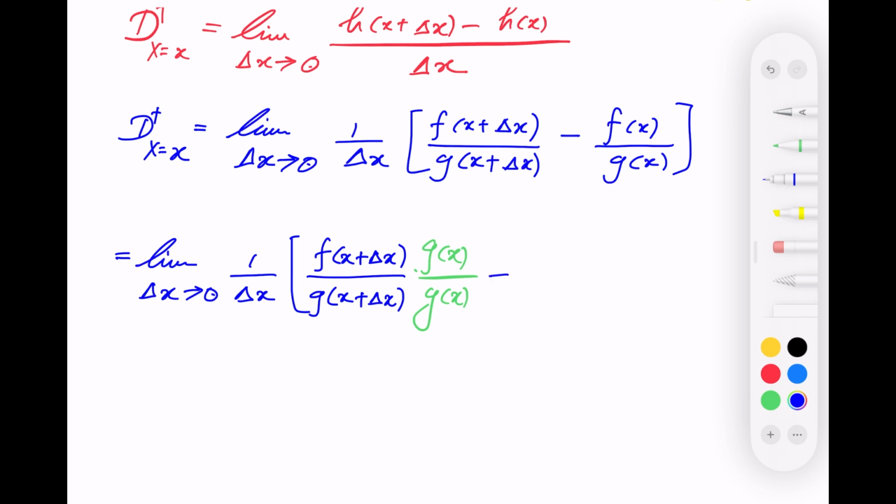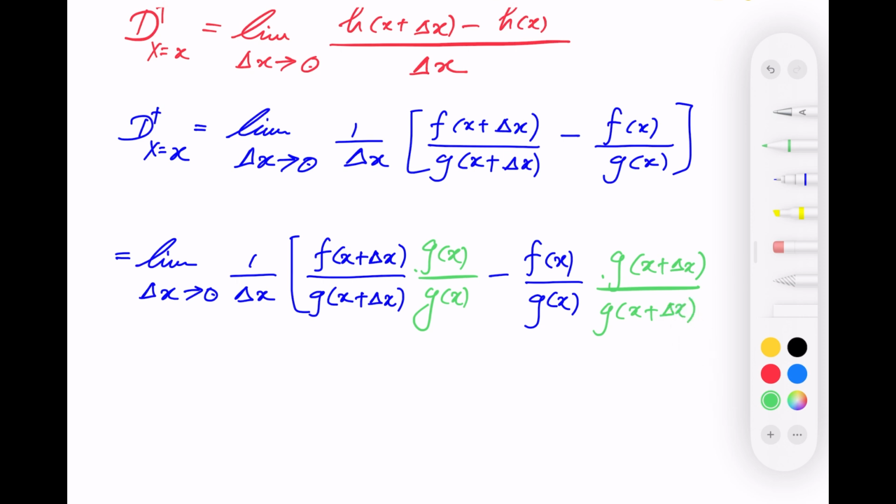Minus, the next term is f of x over g of x. That has to be multiplied by g of x plus delta x over g of x plus delta x. So what I just did was just like multiplying each of these two terms by 1. We did that to have a common denominator.